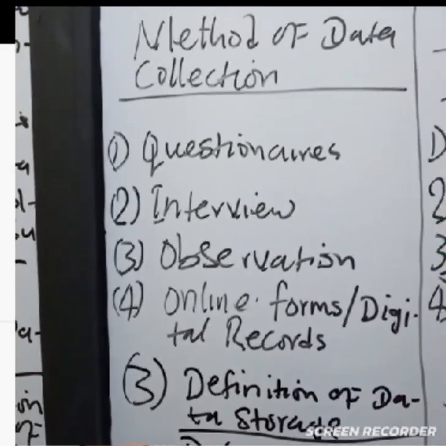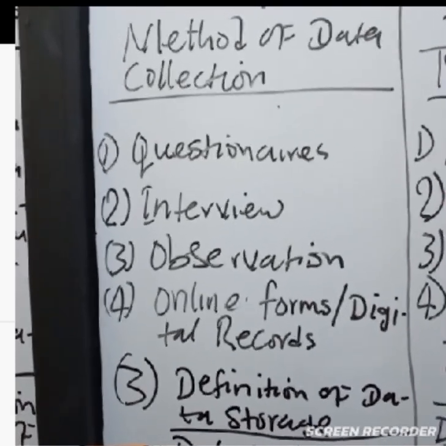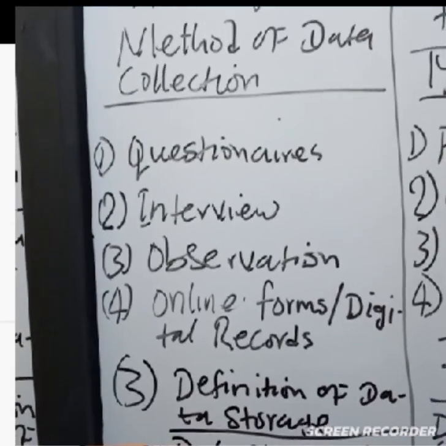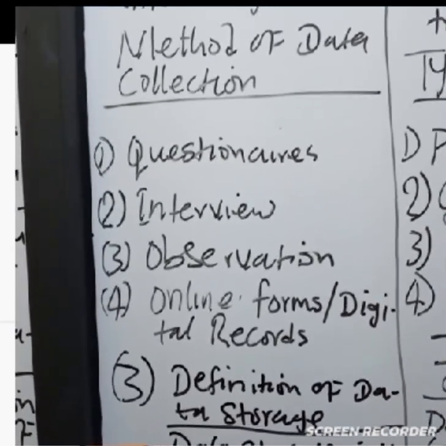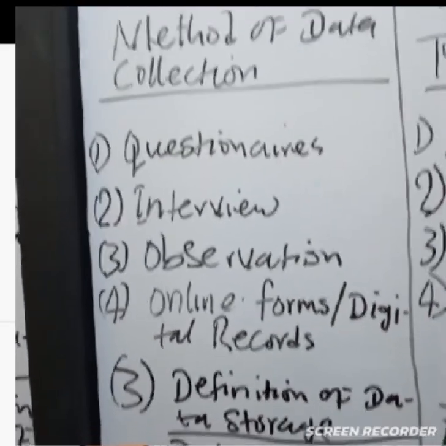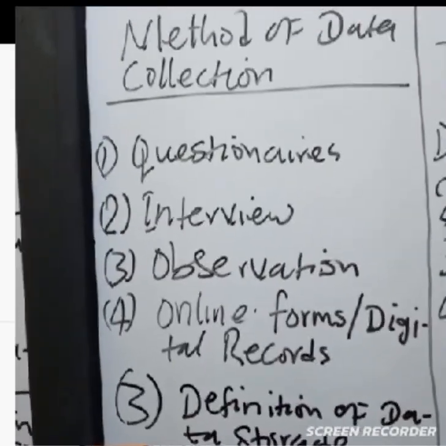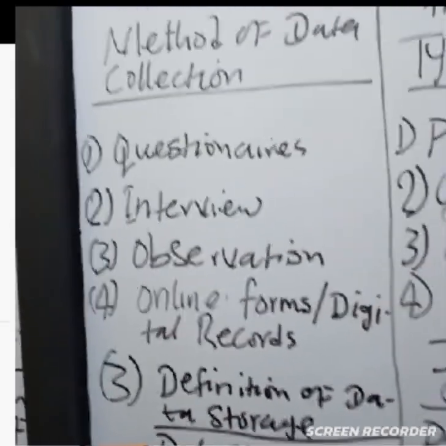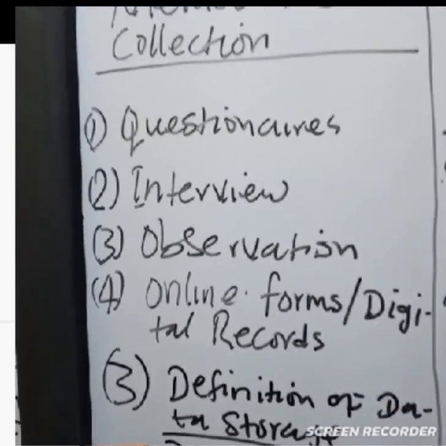The second method is the interview. An interview involves asking questions verbally and recording the answers. When you go for a job interview, it allows the interviewer to get detailed information about the person or any individual.